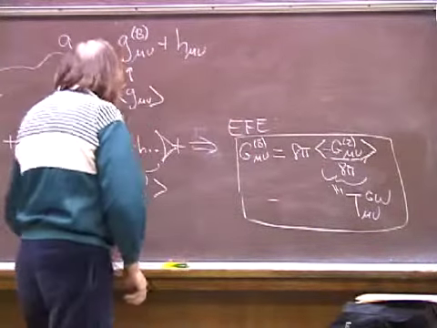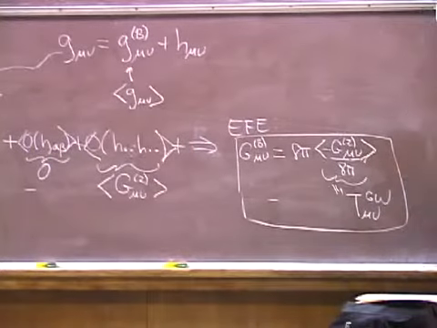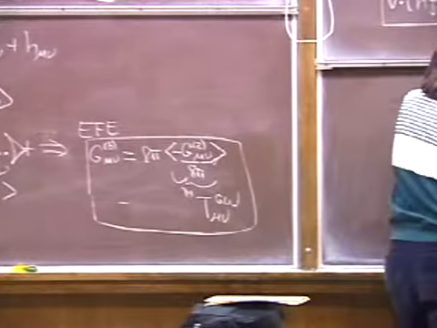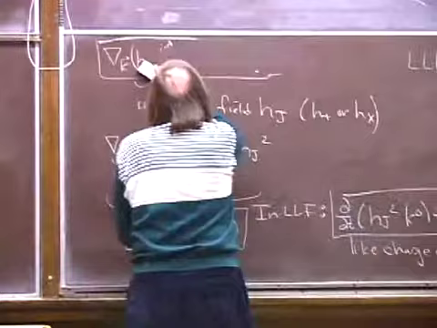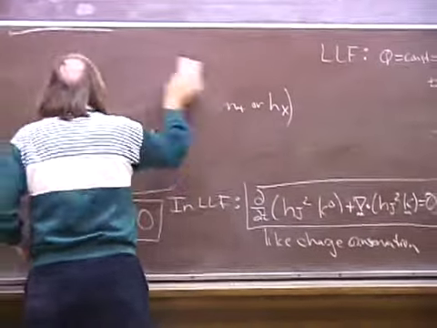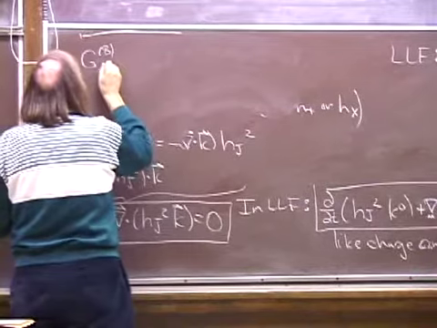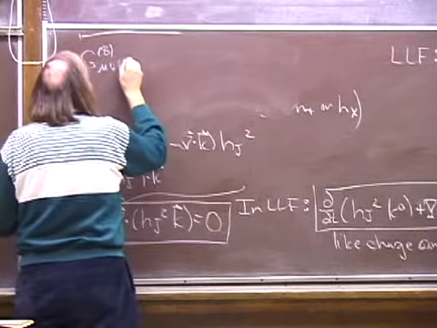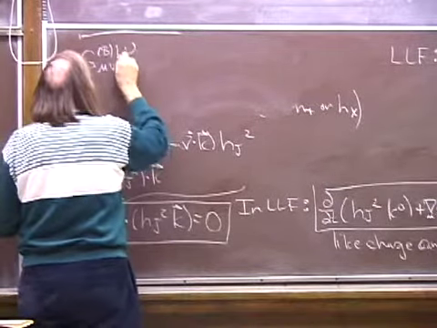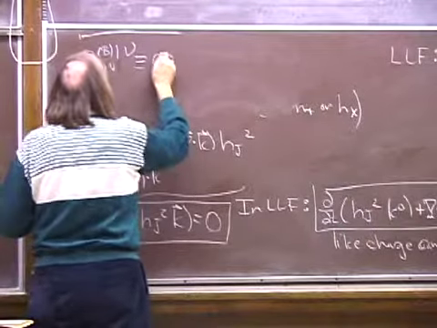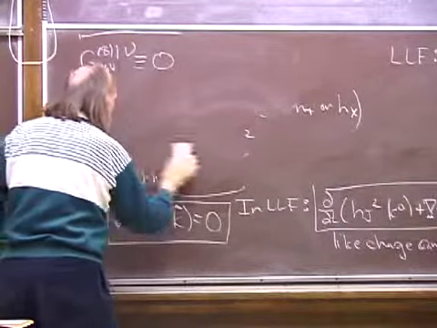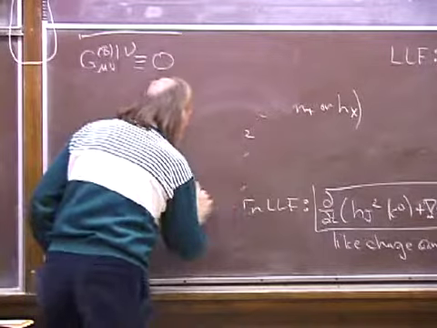Now, it's a very important fact that G background mu nu slash nu is equal to 0 as a mathematical identity. This is the contracted Bianchi identities.